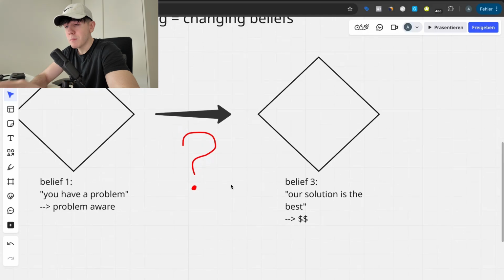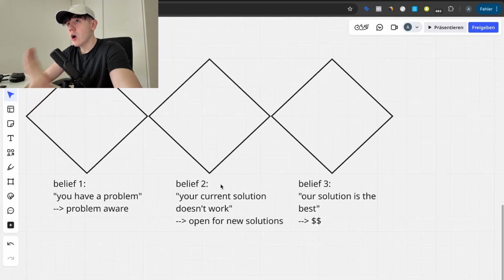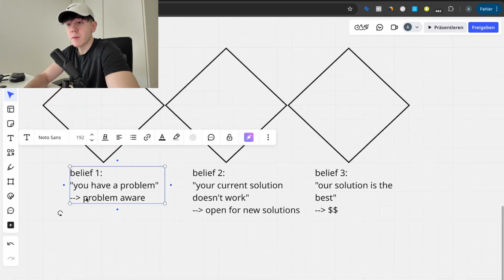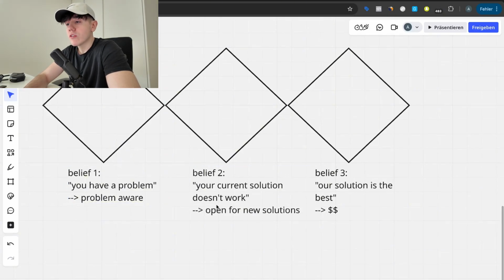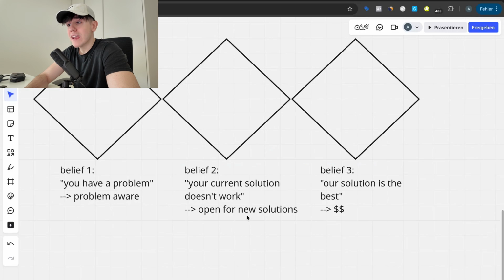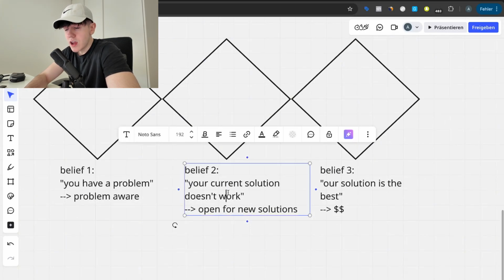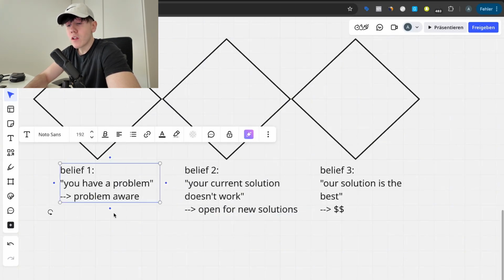There's a step missing in the middle, because most people, when they know they have a problem, so they are problem aware, which is pretty easy to do, actually, are not even close to accepting that they are open for new solutions, right? It's much easier to showcase that, okay, I do have a problem. So they're thinking, okay, damn, I do actually have a problem.